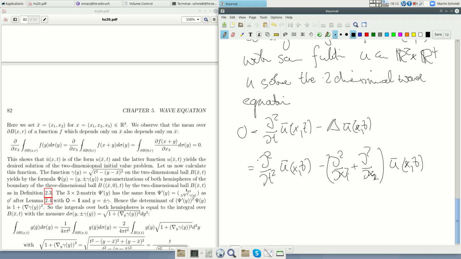So we see that u indeed solves the two-dimensional wave equation.